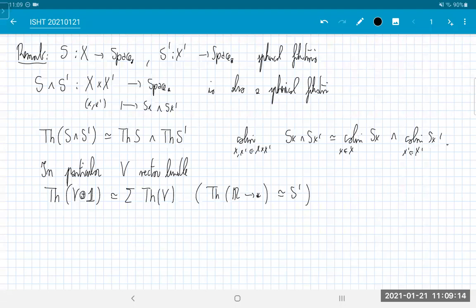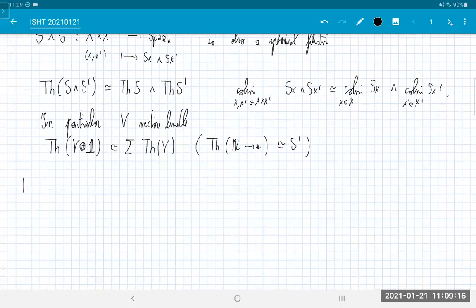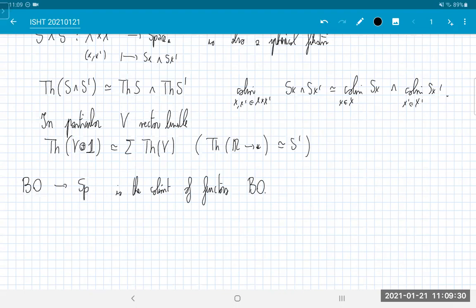And so let's try to describe MO. So this map BO to spectra is the colimit of functors BON into spectra.